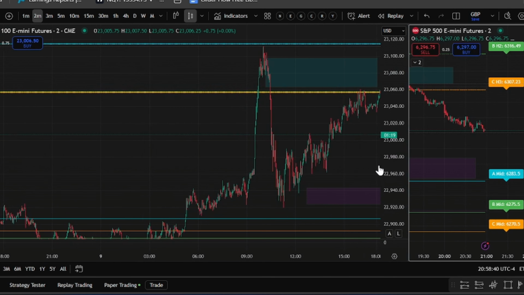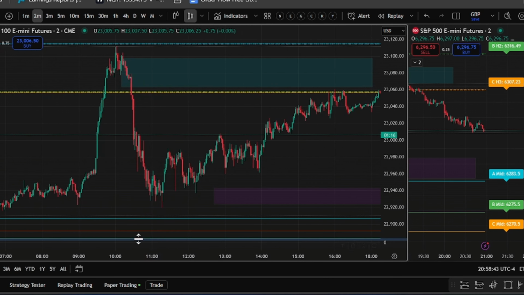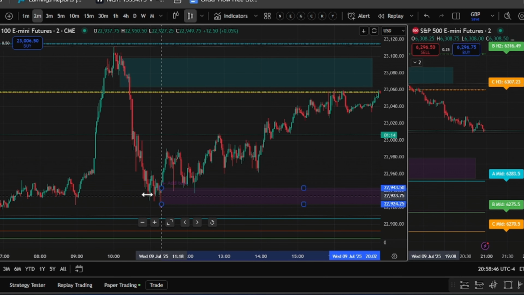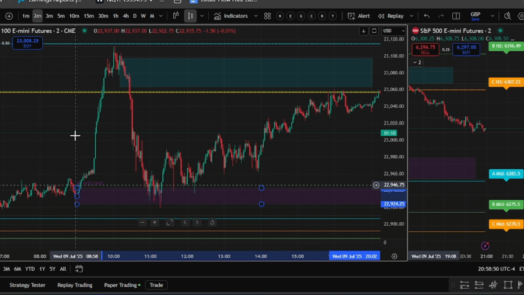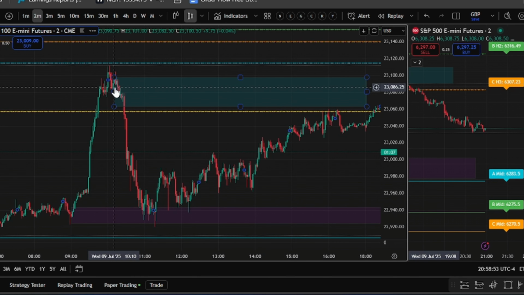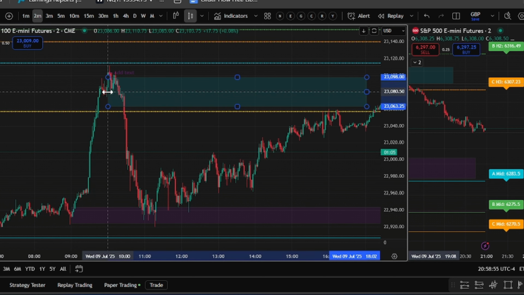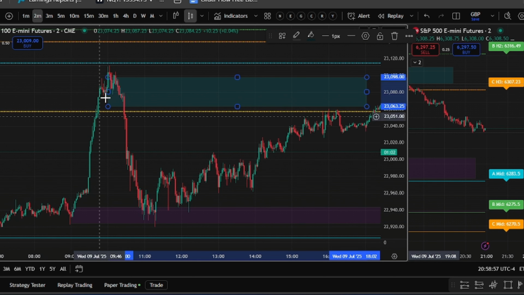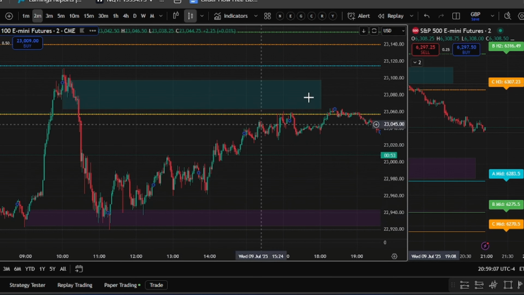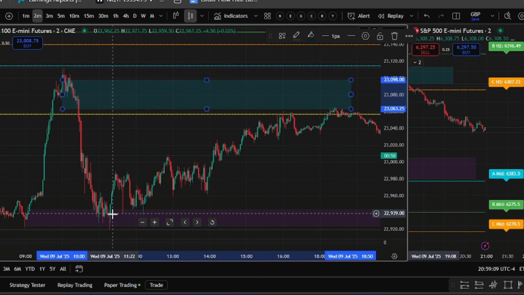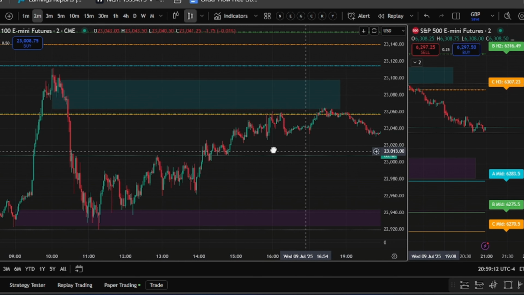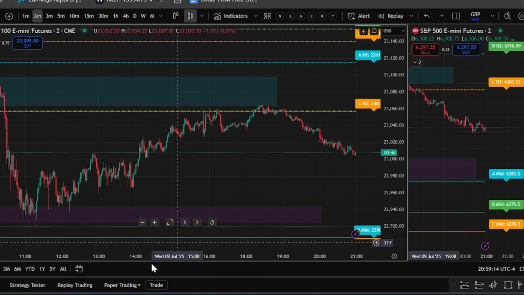Similarly for Nasdaq, this purple zone was provided at 9 a.m. and this one was provided at 10 a.m. Again, price went to this level, rejected, came back to this level, and then it reversed, came back to this zone, then reversed, came back to this zone, and then reversed.